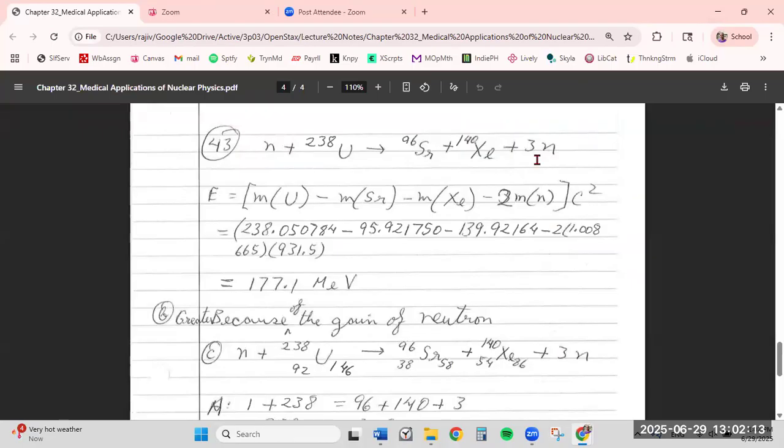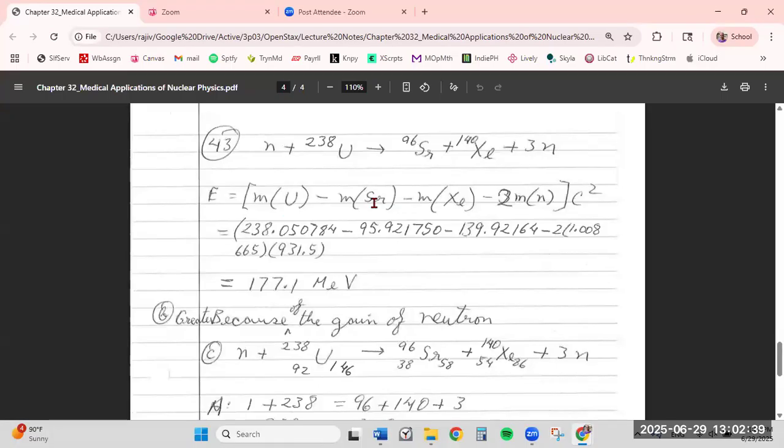Here's the equation. Energy released, again, is the decrease in mass times c squared. So you have a neutron on both sides of the reaction. So here you only need to include 2 neutrons, and you don't have to write it again here.